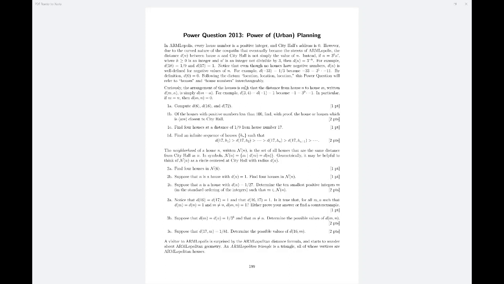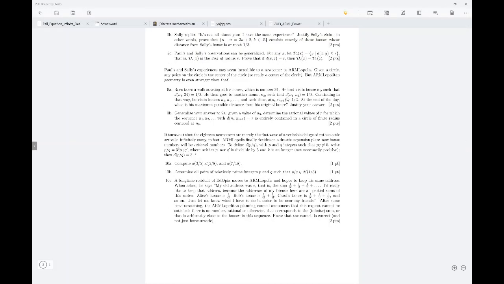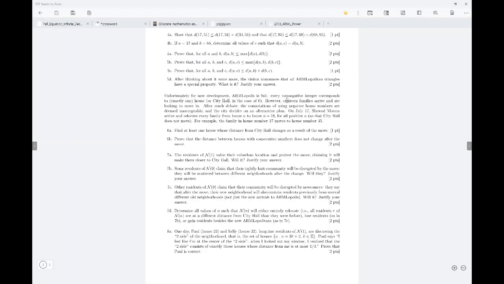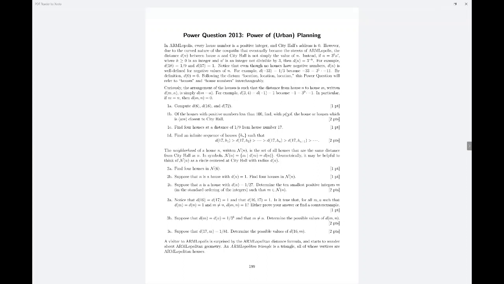But all right, what I'd like to do today is get you guys involved. Looking through this power round, you can see that all of the problems are actually 1-point or 2-point questions.